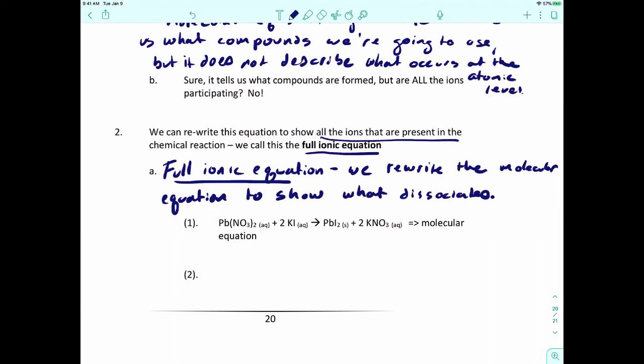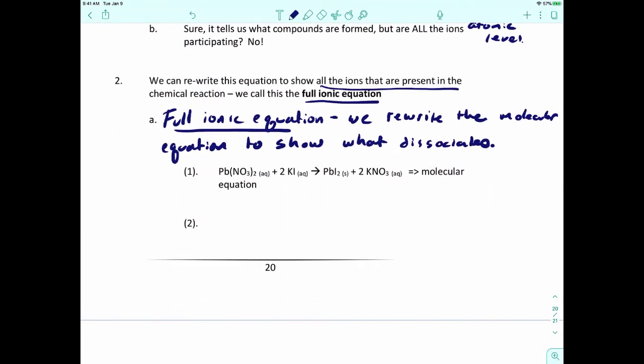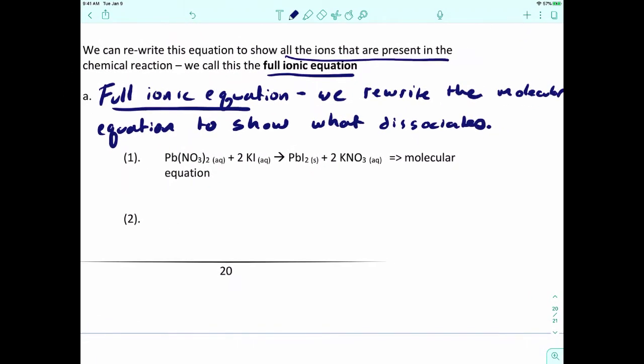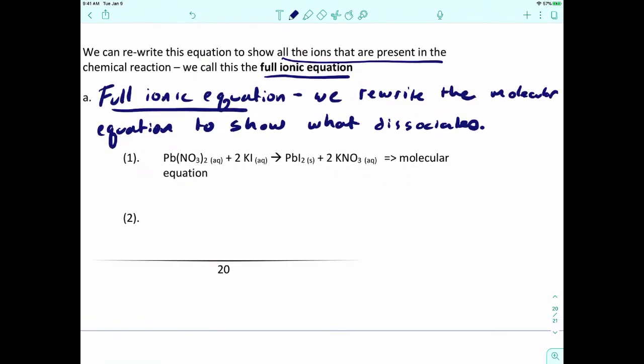Okay, so here's our equation: Pb(NO3)2 plus 2 moles of KI yields PbI2 plus 2 moles of KNO3. This is our molecular equation. Everything dissociates because it's ionic. The only thing that does not is our solid, our precipitate, because that comes out of solution. So to rewrite this as a full ionic equation, we write everything as ions except for our precipitate, the PbI2.